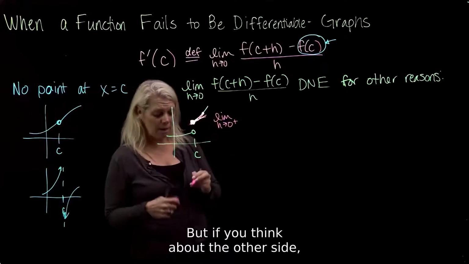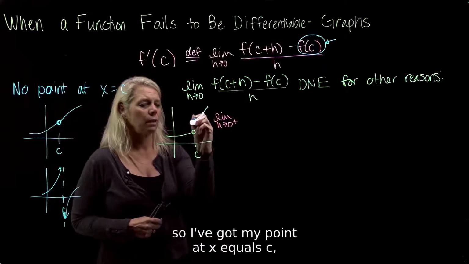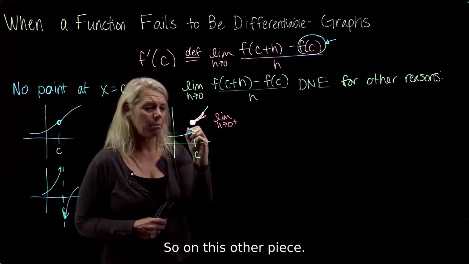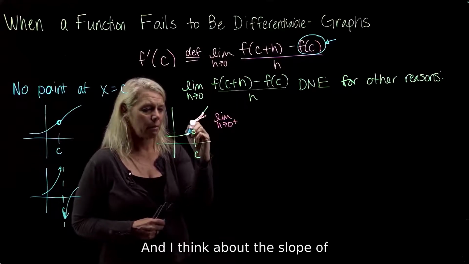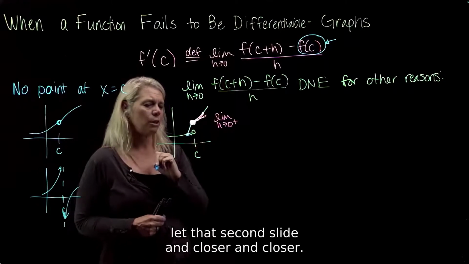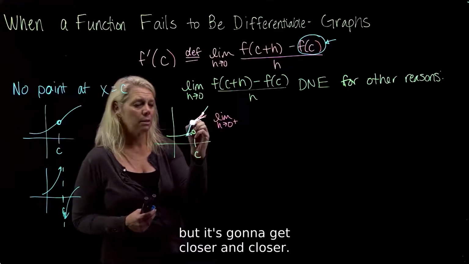But if you think about the other side, so I've got my point at x equals c, and then I take my second point on the other side, so on this other piece, and I think about the slope of that secant line, and then I let that second point slide in closer and closer. Remember, it's not actually going to touch my x equals c, but it's going to get closer and closer.